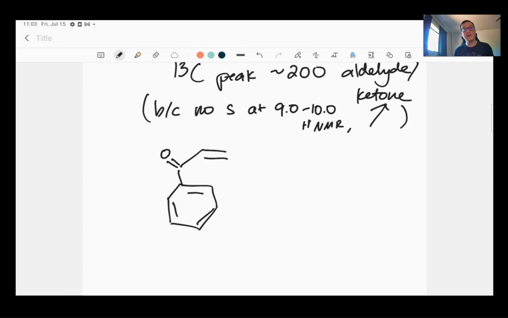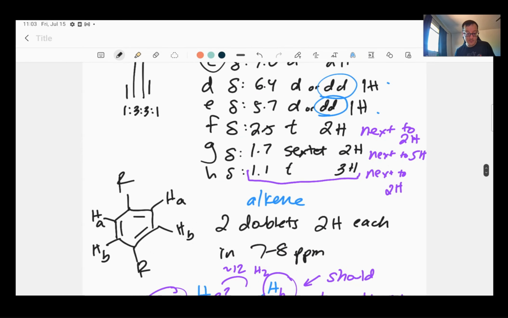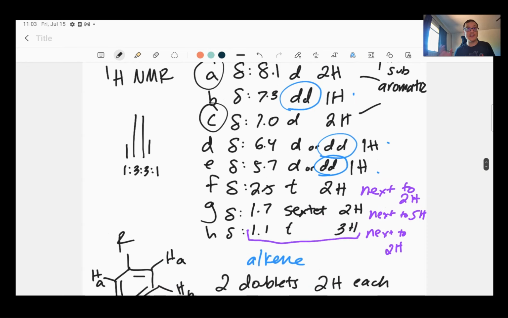Seems pretty reasonable. There are other options. Remember, this is still a guess and check process. Unfortunately, because of 2.5 ppm for the F, that could be next to a ketone as well. That's usually just about 2.4, 2.5. However, that's also where next to aromatic shows up, also where next to triple bonds shows up.